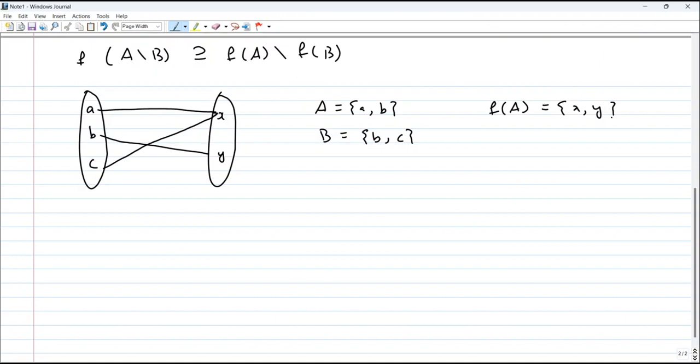The image of B is everything, because B gets mapped to Y and C gets mapped to X.